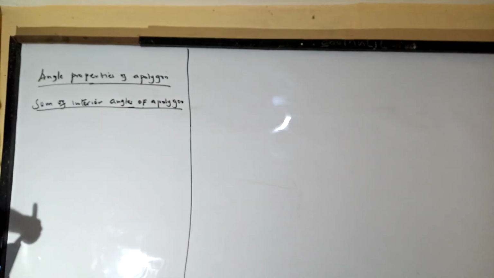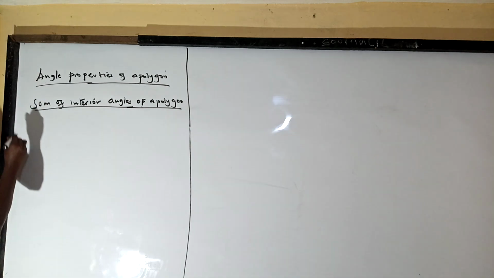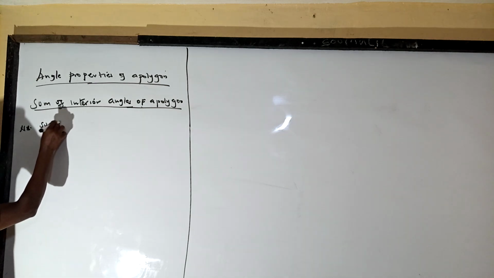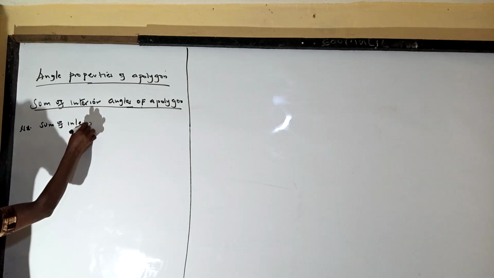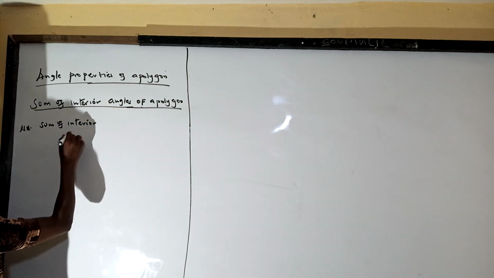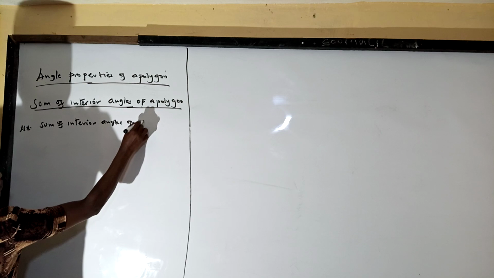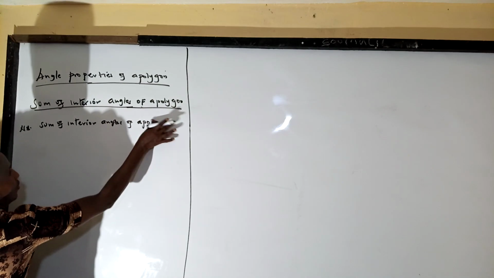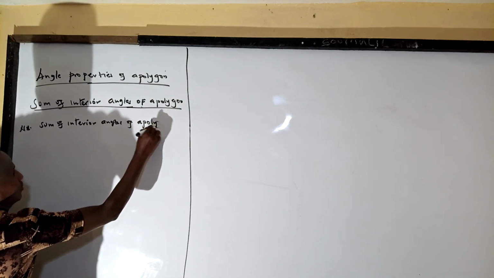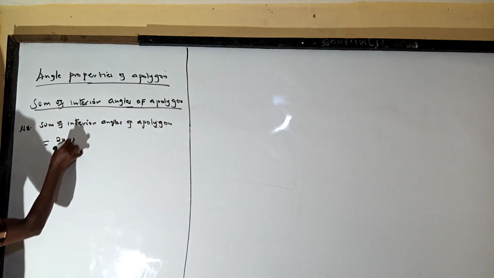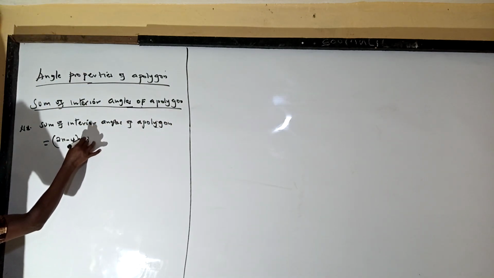And remember, the sum of interior angles of a polygon, you must know that, is gotten by (2n minus 4) times 90.